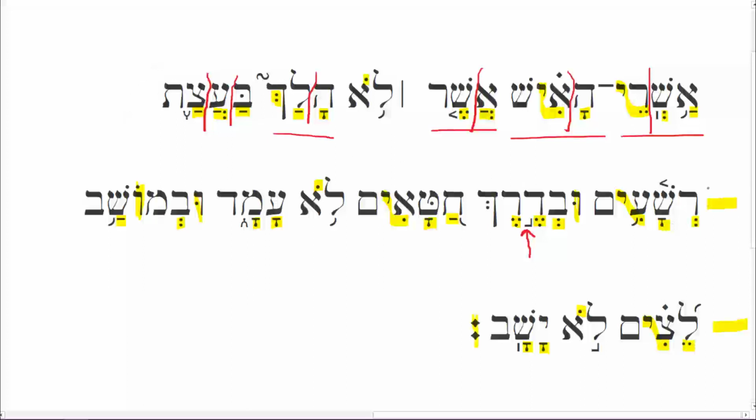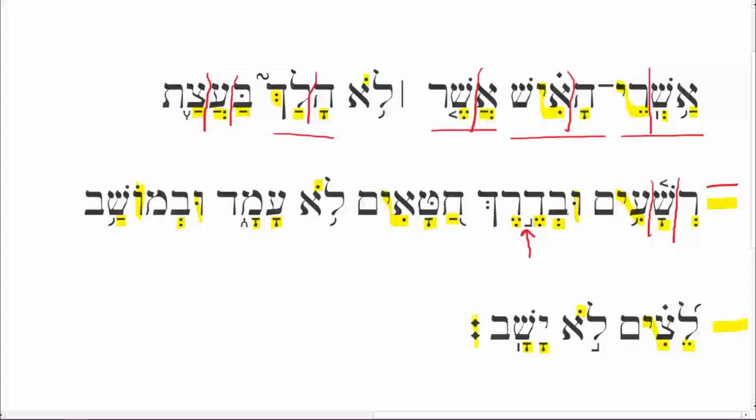Coming down to the second line here, we have rishaim. So the resh has a vocal schwa. The next letter has its own vowel, so we divide before it. Then we look at the sheen. The next letter has its own vowel, this ayin, so we divide before it. And then the last syllable is im.